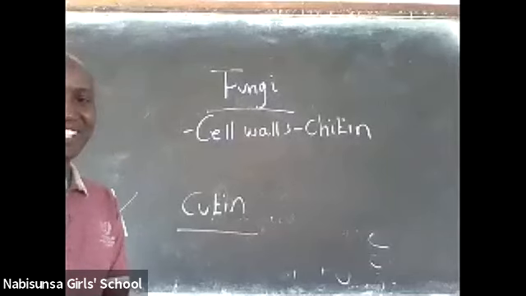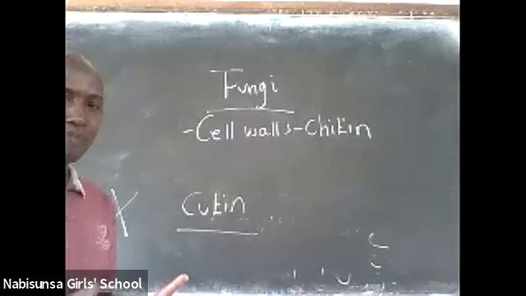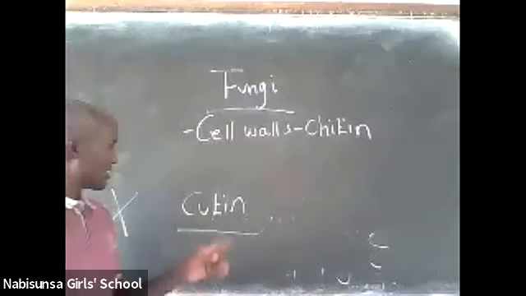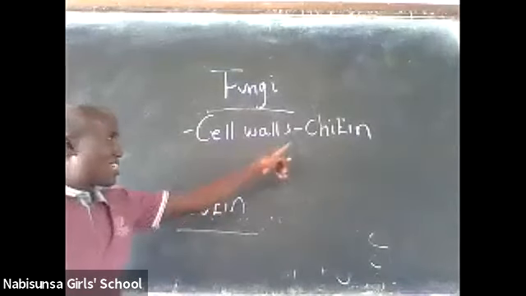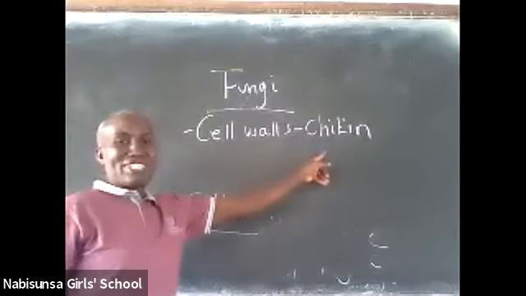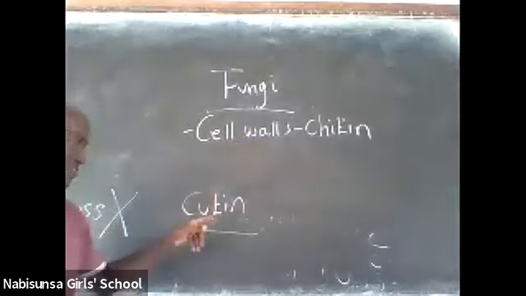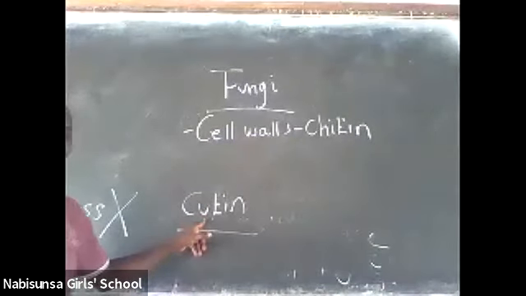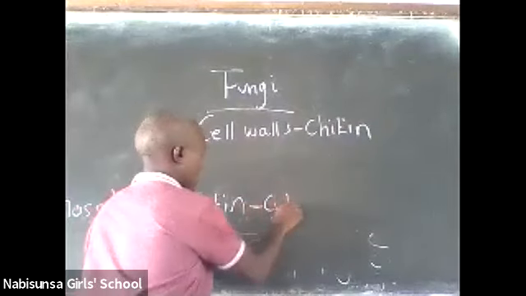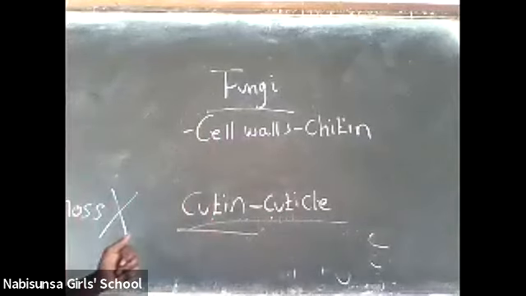Okay, some correction there. That is very good, Marilyn, but there's some mix-up. I hope you can hear me. You're now confusing this one for this one. The plants don't have this one. The plants have this one, the one that makes up the cuticle.